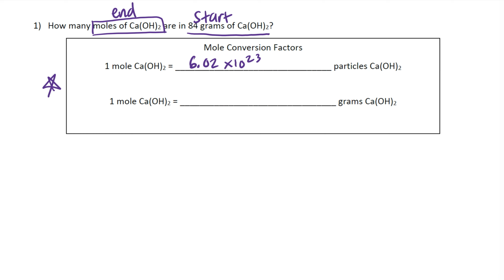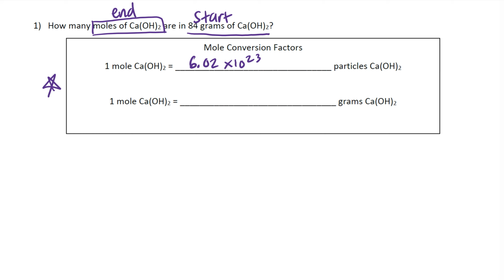Particles can be atoms or they could be molecules. It just depends on the substance that we're talking about, or we can just say generically particles. So for us, in this problem, 1 mole of calcium hydroxide is equal to 6.02 times 10 to the 23rd particles of calcium hydroxide. Please make sure you write that down.